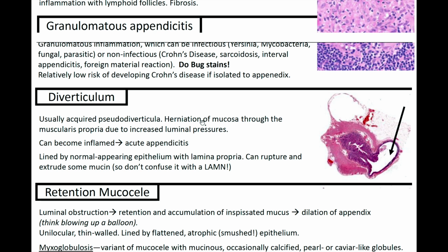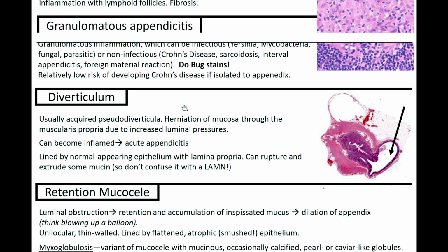And it can become inflamed, leading to acute appendicitis. The diverticula is lined by normal appearing epithelium with lamina propria, and it can rupture and extrude some mucin, so don't confuse this diverticula with a LAMN, which we'll get into in a couple pages.